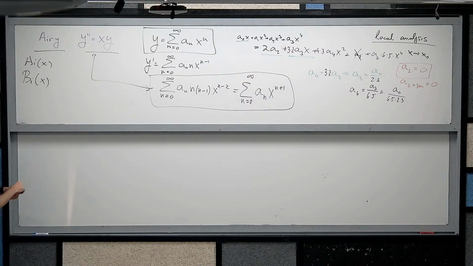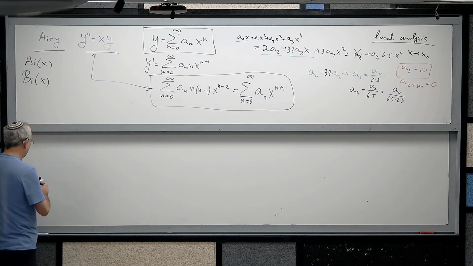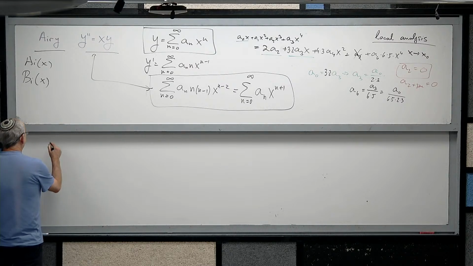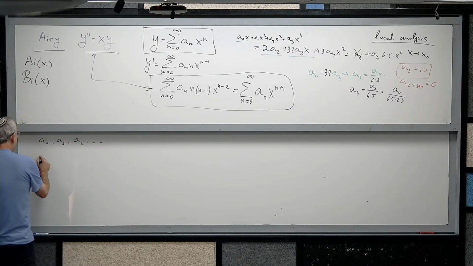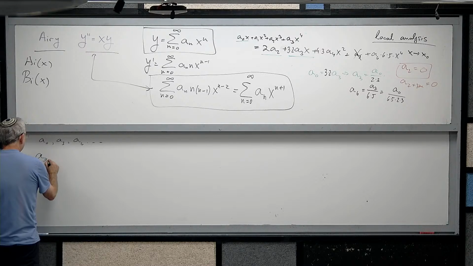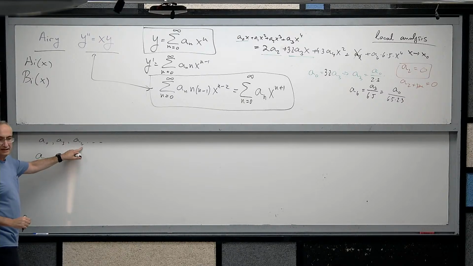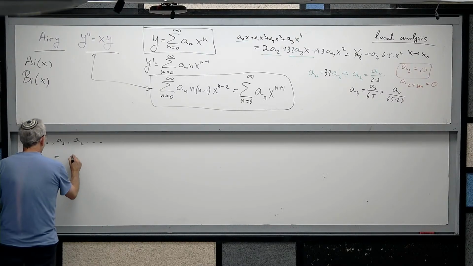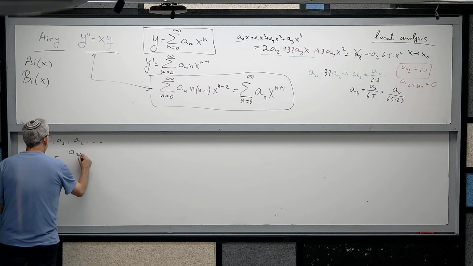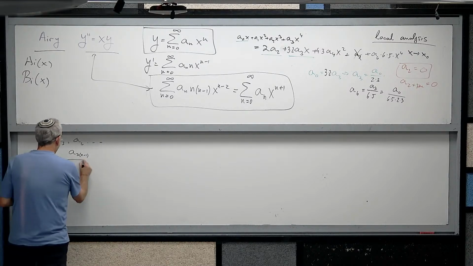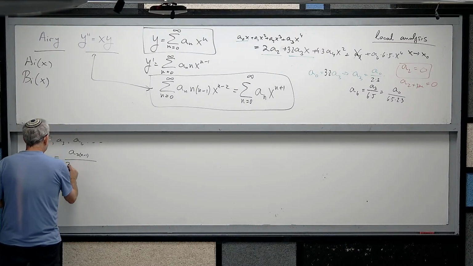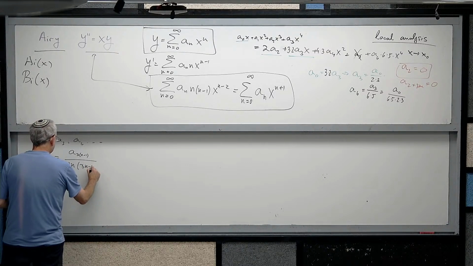So, what we know now is we can write in general that we have a solution which is based on A0, A3, A6, and so on, that satisfies A3n, for n equals 0, 1, 2, equals A3(n-1) divided by 3n times (3n minus 1).